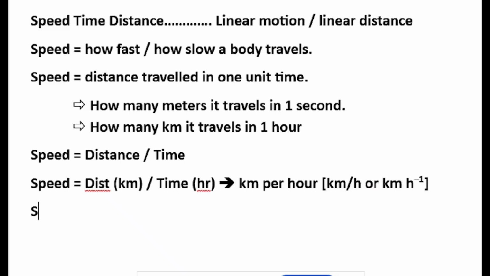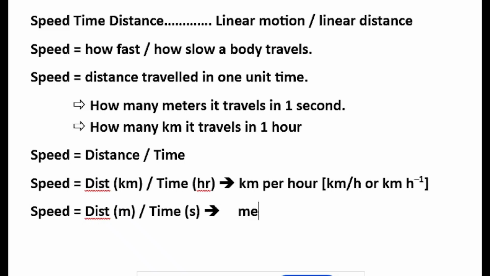And if the distance is given in meters, only meters, not in kilometers, and time is given in seconds, then the unit of speed will be distance in meters divided by time in seconds.